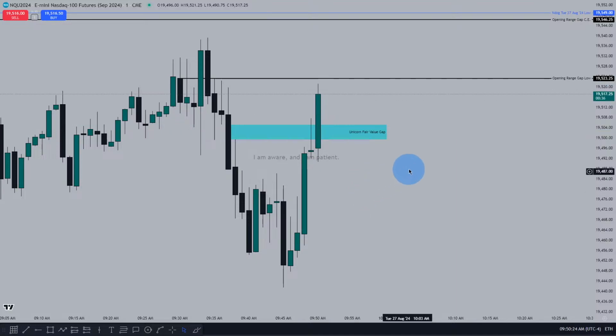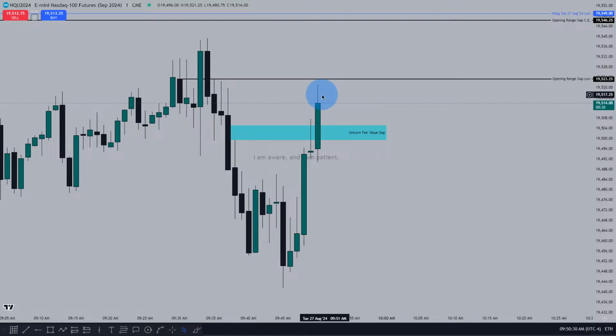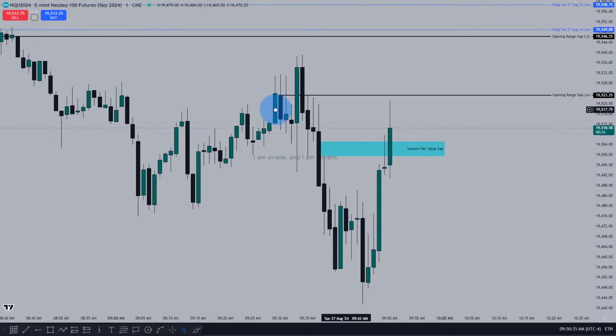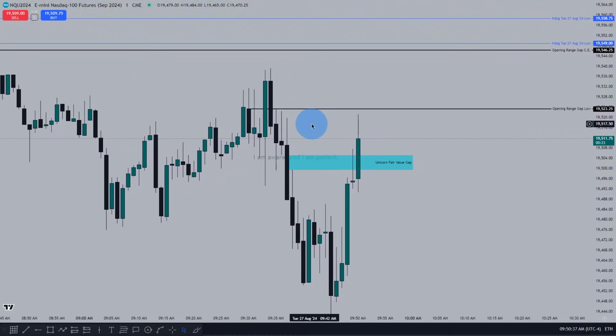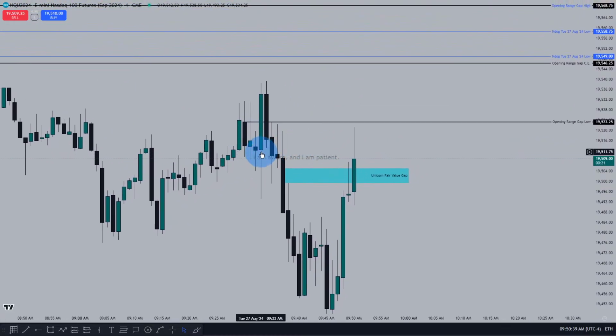So we're pushing higher. Let's see what price does towards the opening range gap low. It doesn't want to reach into there. This candle here is going to be really sensitive.